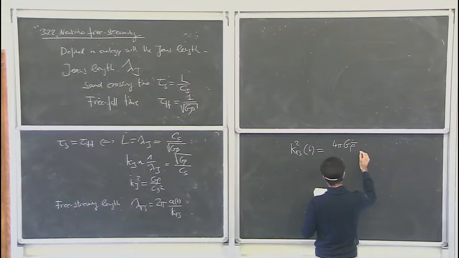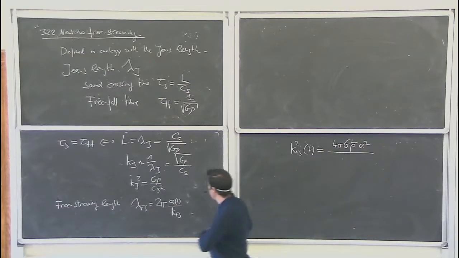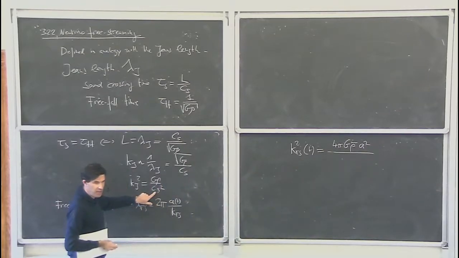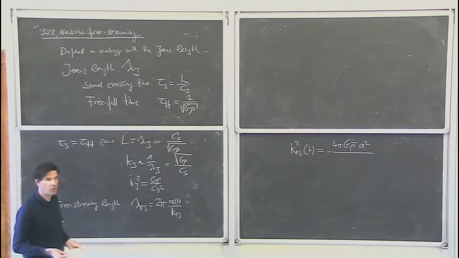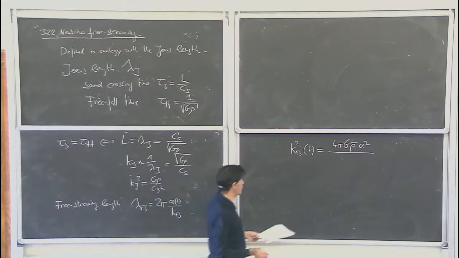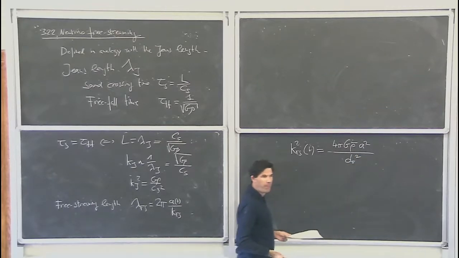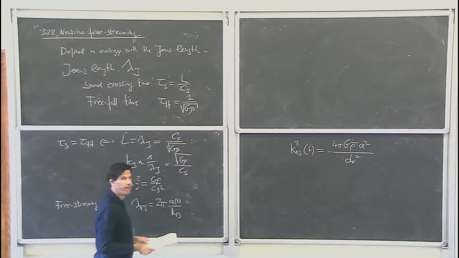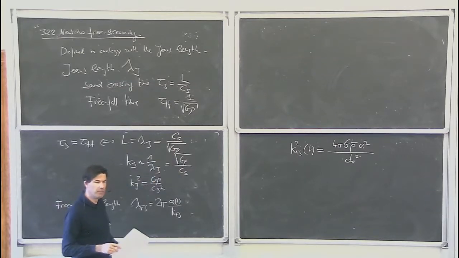And then we need to put this factor of a squared, because again, it's co-moving. And instead of dividing by a sound speed squared, we divide by a characteristic neutrino velocity dispersion squared. And so we have the same scaling, G rho divided by some typical velocity squared.